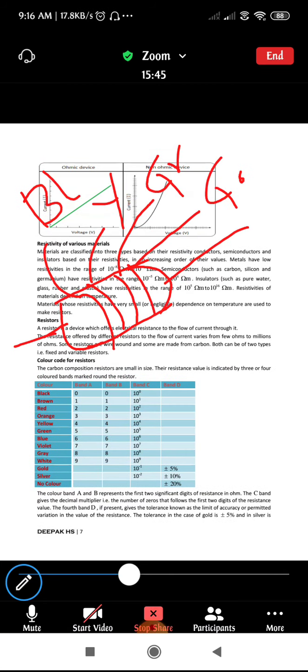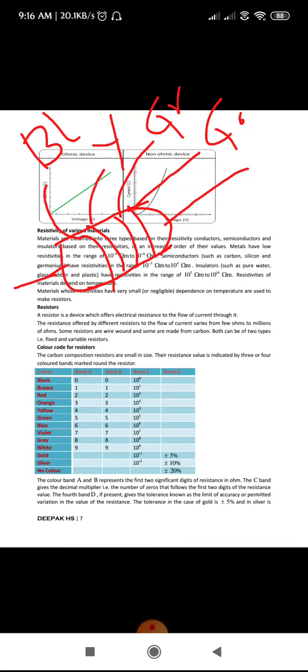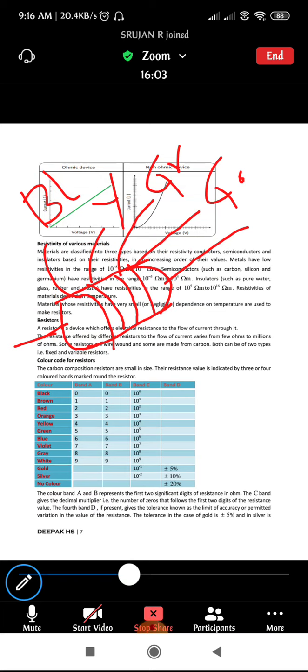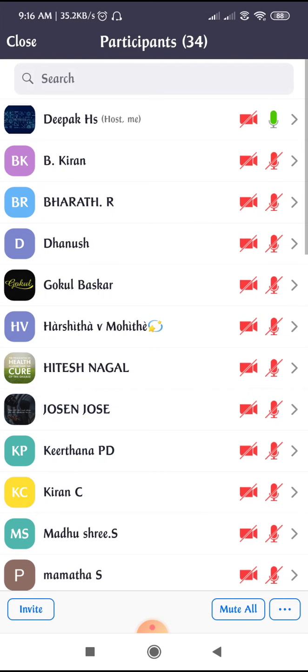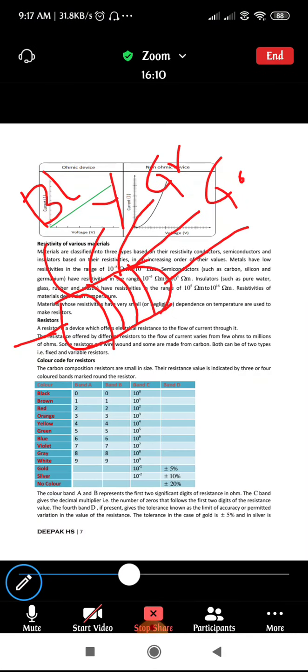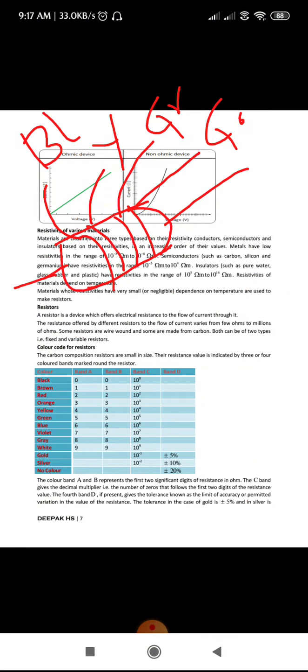Anybody can give the answer. Just calculate the value and message me. In case you have not got how to find the value, don't worry, I'm going to explain it once again. I just want to know whether others have understood. So the first band is black, the second band is yellow, the third band is green, the fourth band is gold.